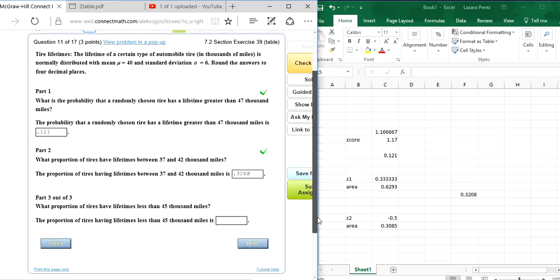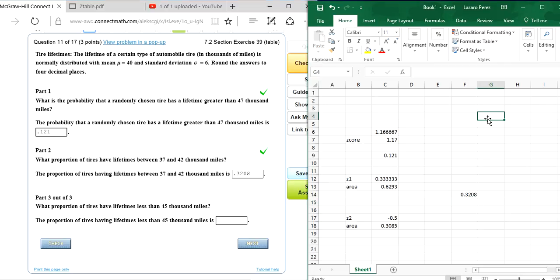All right, so let's go into this last part. Has a lifetime less than 45,000 miles. So we're going to find the z-score. Then we're going to find the area. So they have less than 45,000. So we got 45 minus our mean, which is 40, divided by our standard deviation, which is 6.